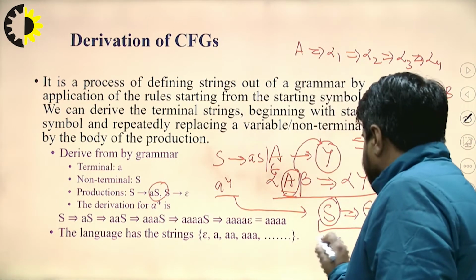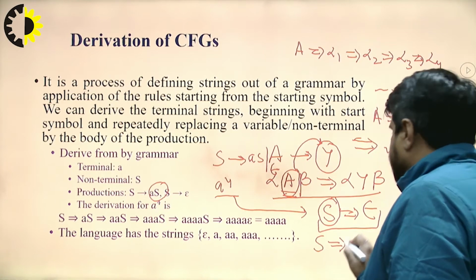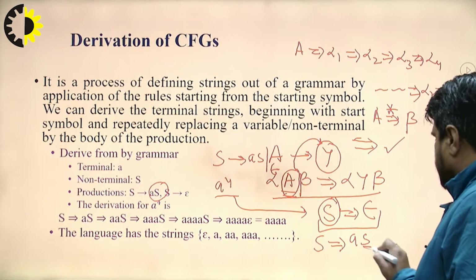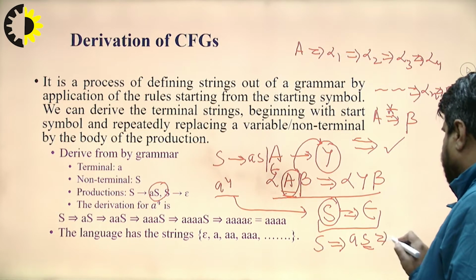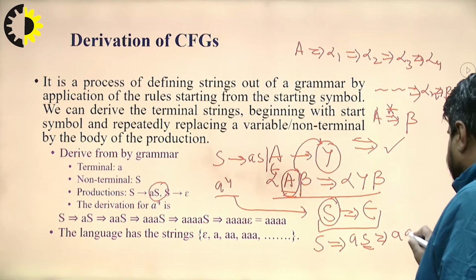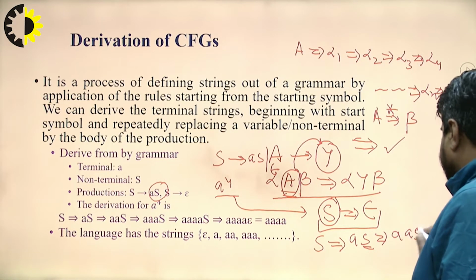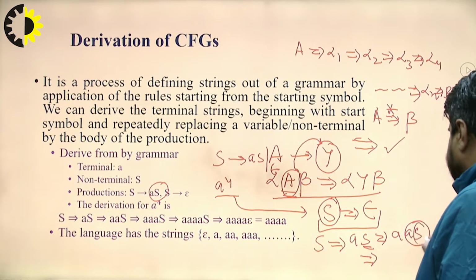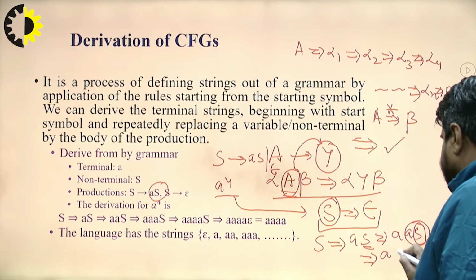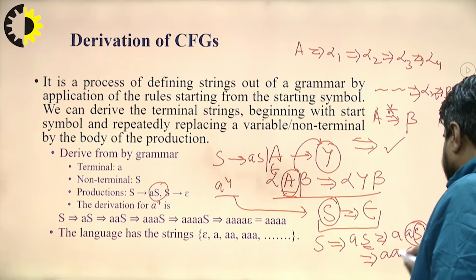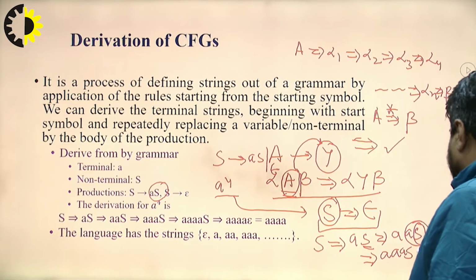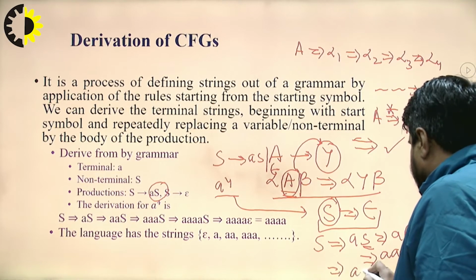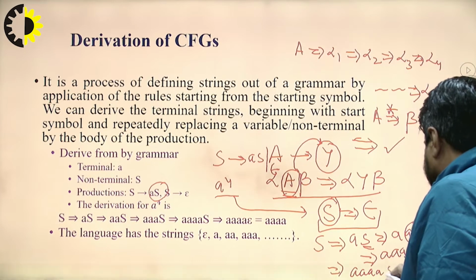So you replace S by AS. Once again S is a non-terminal, so you replace it by AS. Once again you can replace this S inside the sentential form by AS, and in this manner you get AAAS.